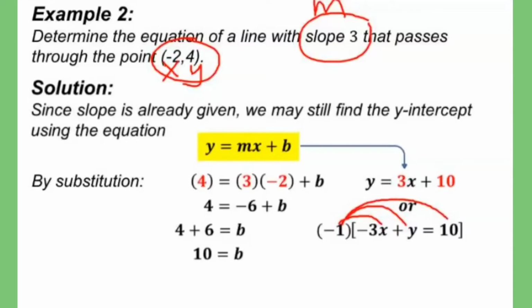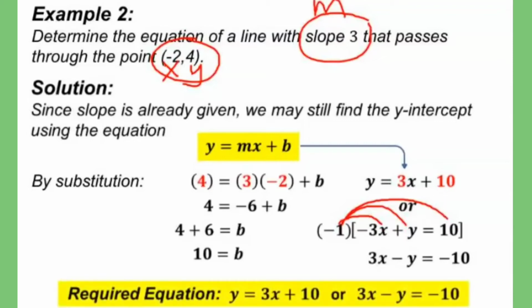Hence, our new equation would be 3x minus y equals negative 10. And this is already the required equation in standard form. Therefore, the required equation is y equals 3x plus 10 or 3x minus y equals negative 10.